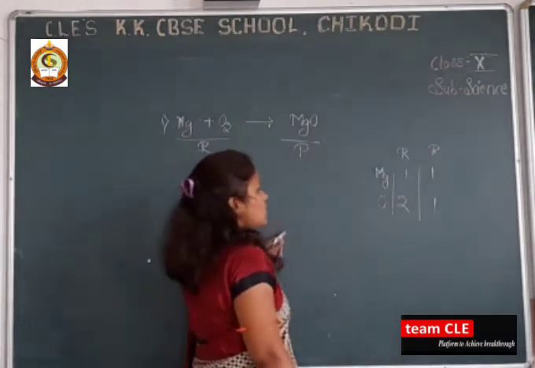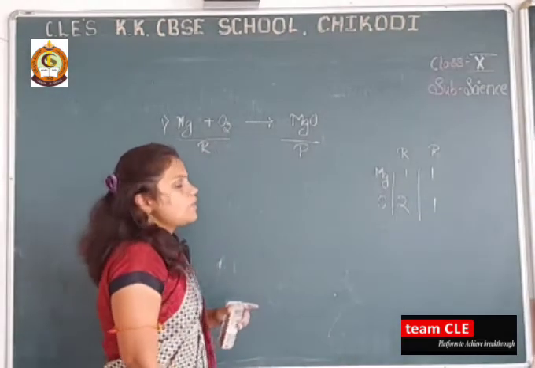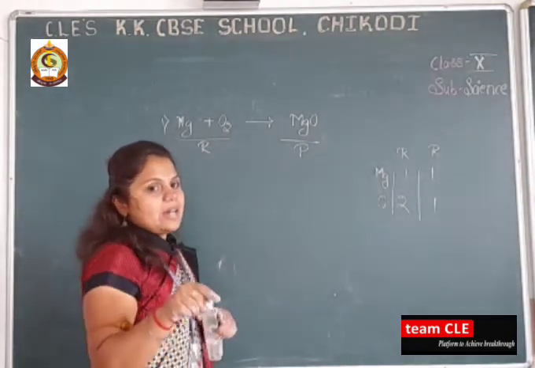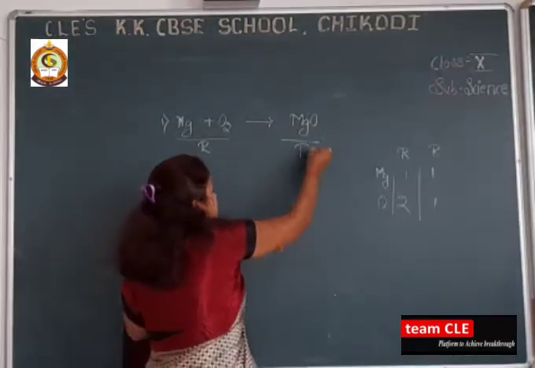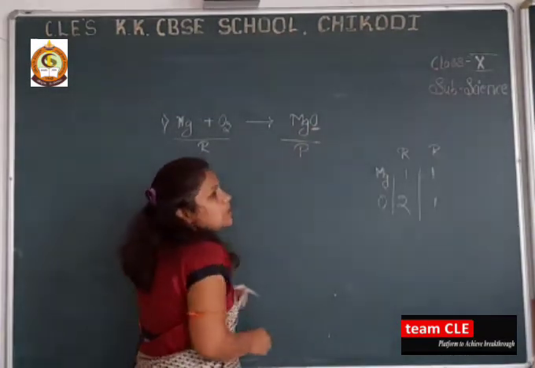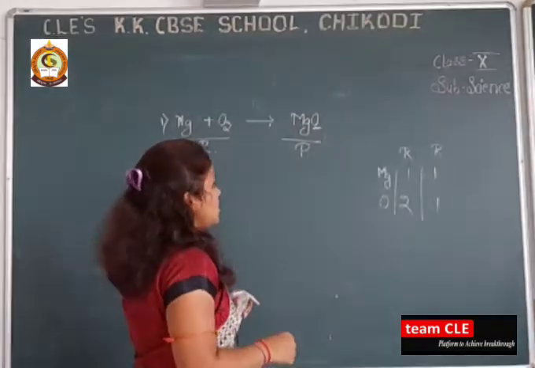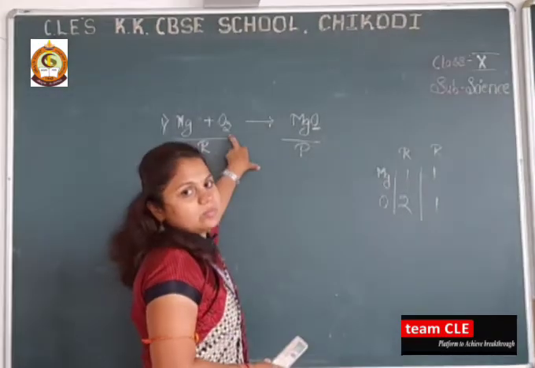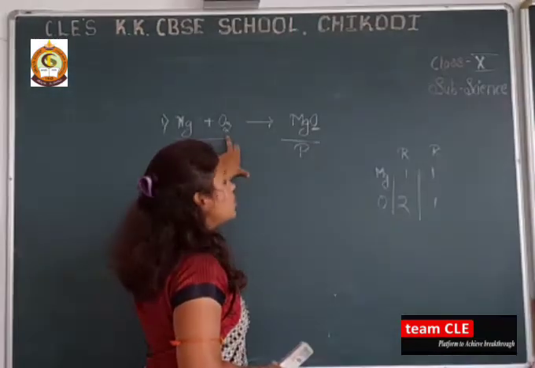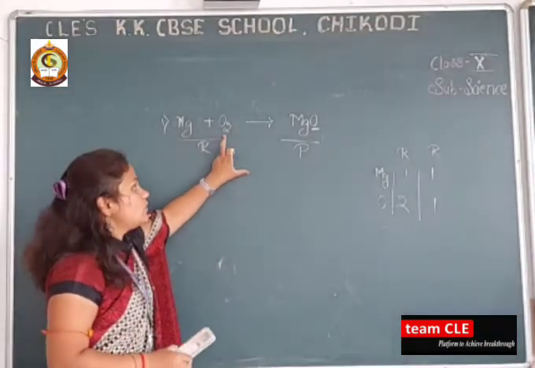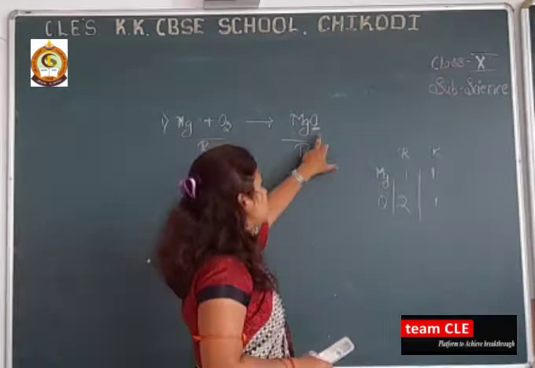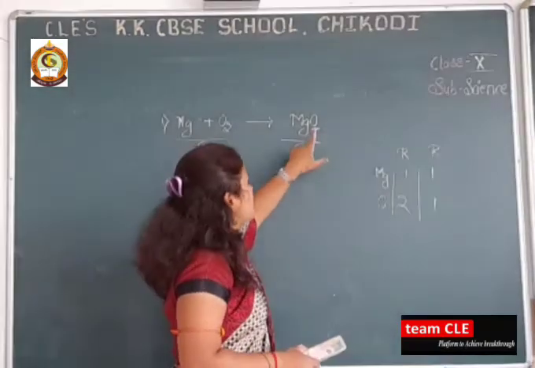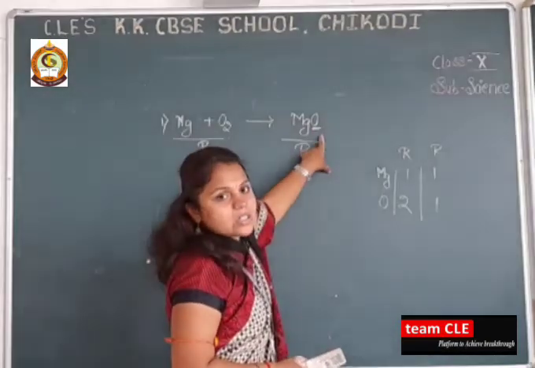So in this situation what happened? We have to multiply this oxygen for getting the number 2. But what is the confusion here, that when we are multiplying by 2, is it only with the magnesium or only with the oxygen?